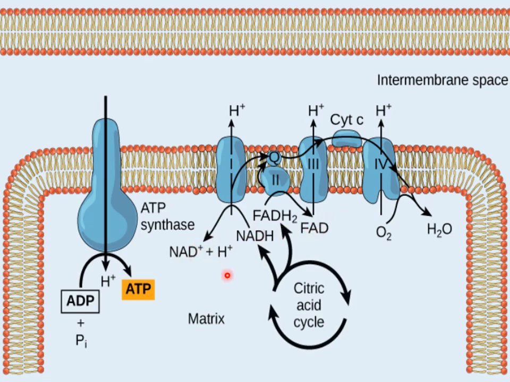And the protons which are produced in this process, or by the process of the citric acid cycle in the mitochondrial matrix, get exported from the mitochondrial matrix by the use of these proteins or protein complexes which are present in the inner membrane of the mitochondria to the intermembrane space of the mitochondria.